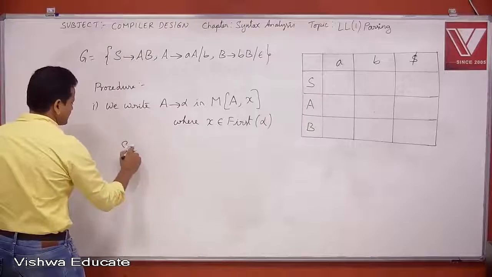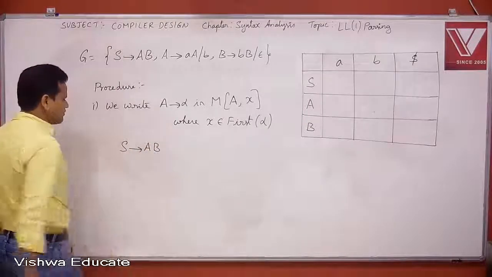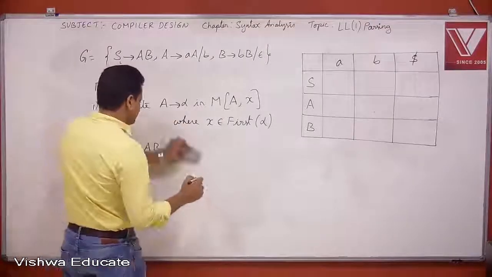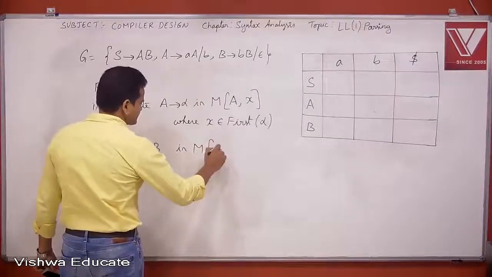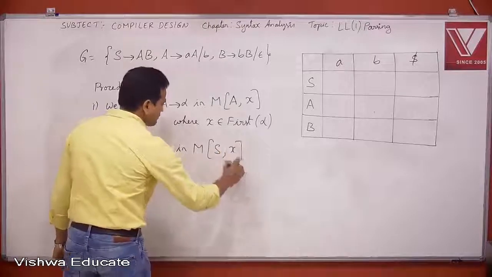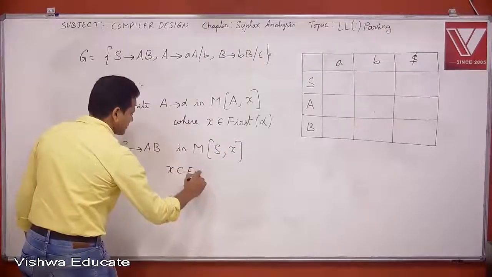Now take S derives AB. This is a production of S, so we must write this production in the S row, because it is an S production, and x column. What is x here? x is first of alpha.